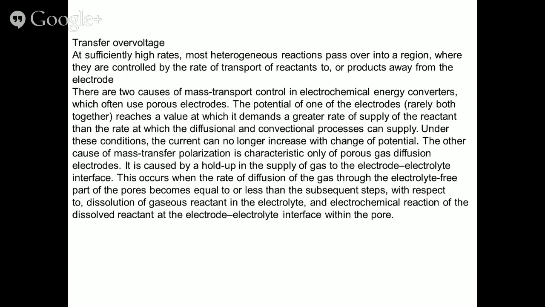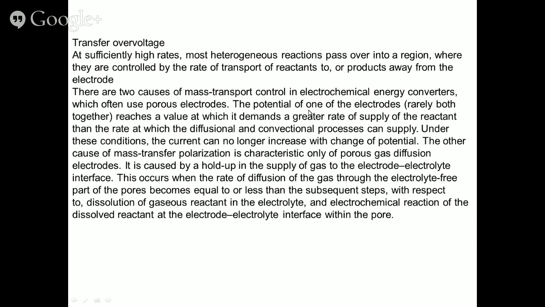Transfer overvoltage: at sufficiently high rates, most heterogeneous reactions pass over into a region where they are controlled by the rate of transport of the reactants to or products away from the electrode. There are two causes for mass transport control in electrochemical energy converters, which often use porous electrodes.